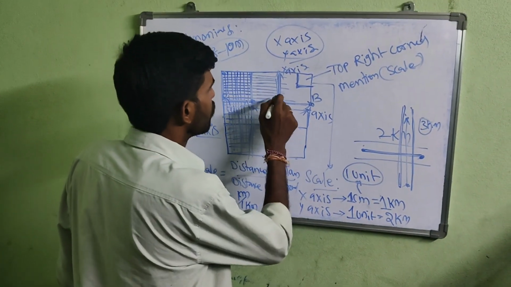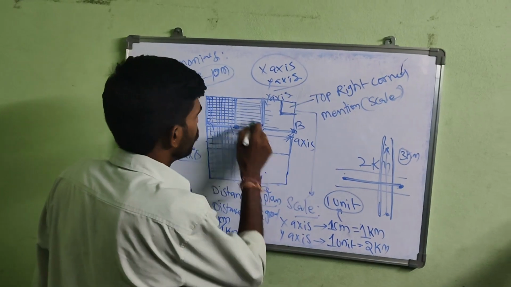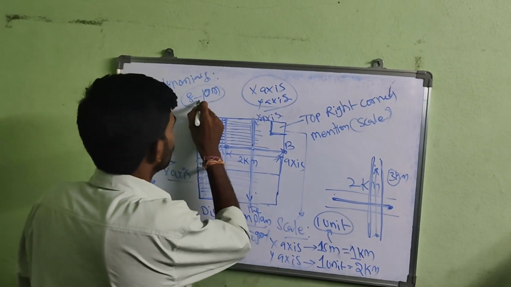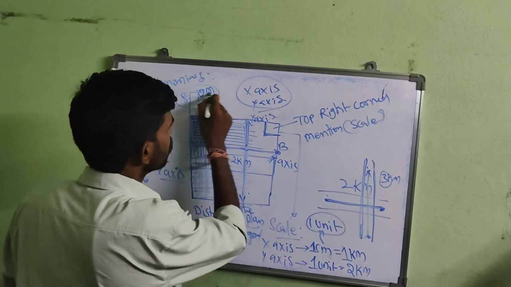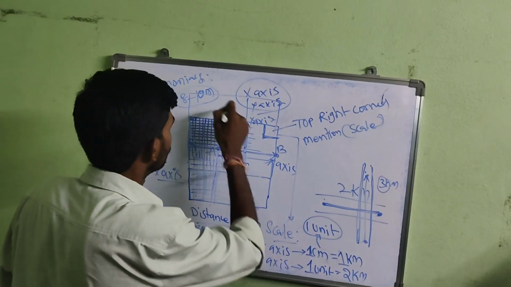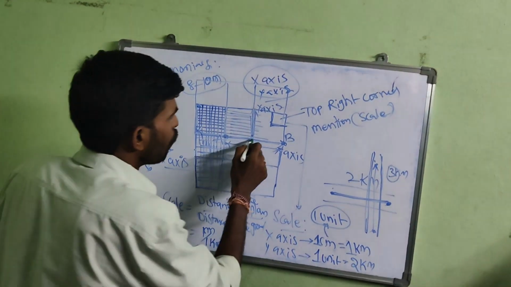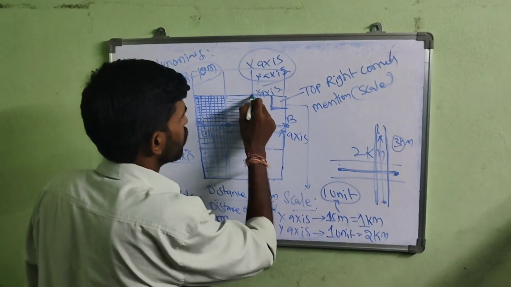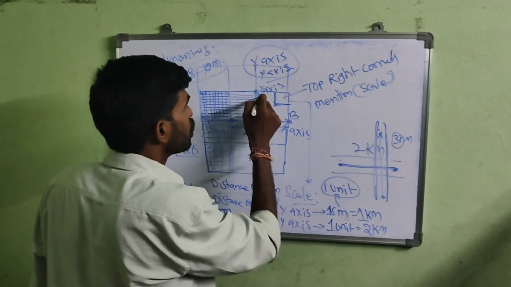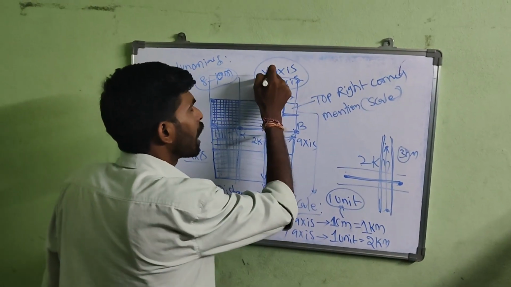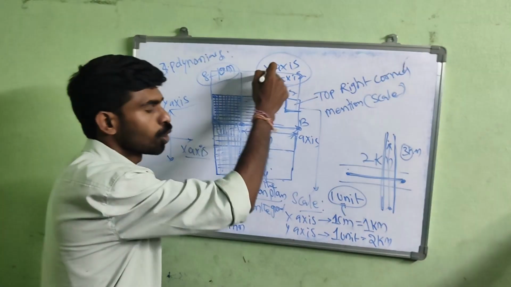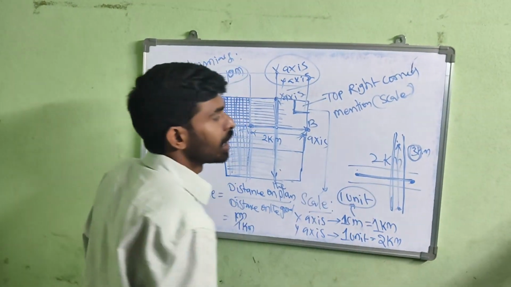Now 1 unit is 2 kilometers, completed. If another 1 unit, what happened? 2 and another 2, 2 to 4. But we need 3 only.